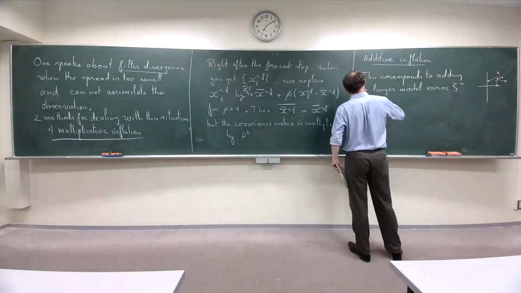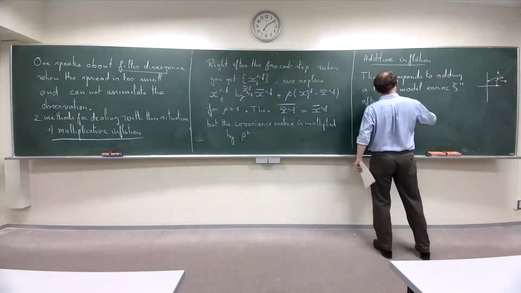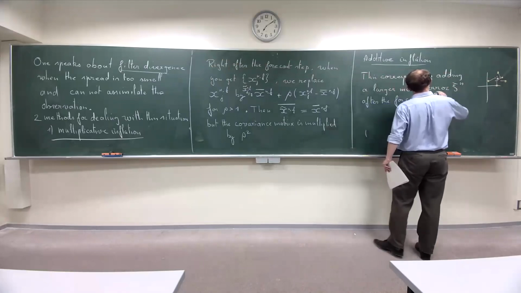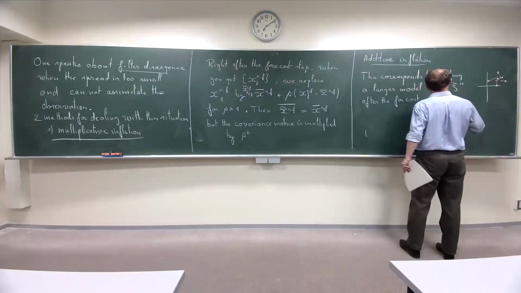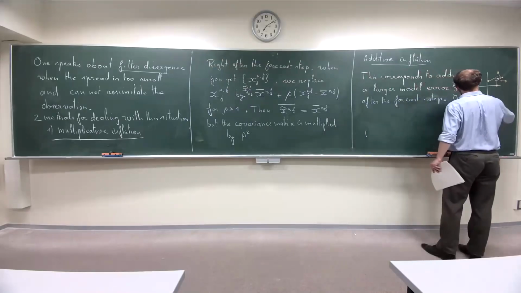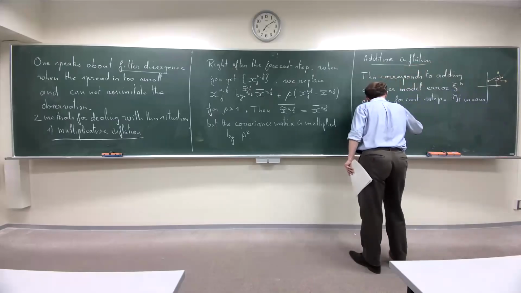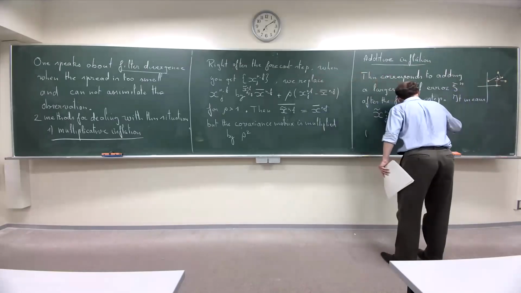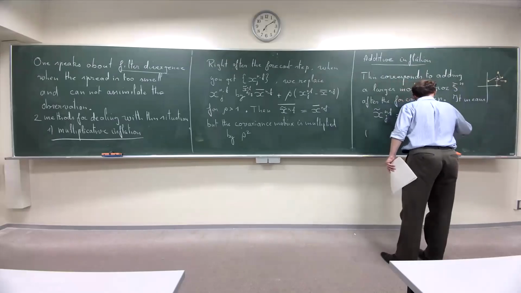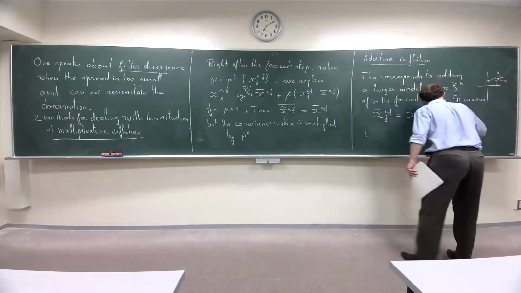So again, after the forecast step, we define x_n^{f,j} tilde. I take this x_n^{f,j} plus, I take it like this.